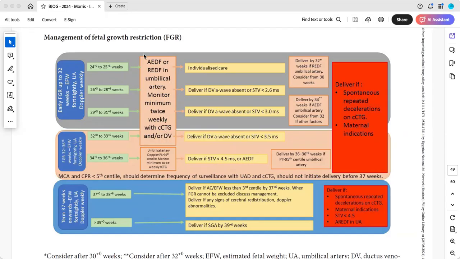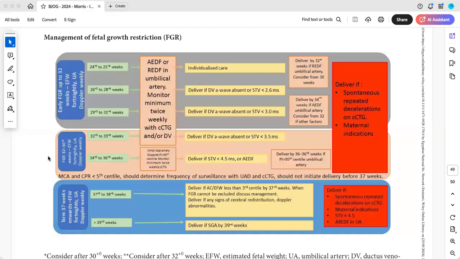And according to the values, or abnormality, if it is detected in this particular critical gestational age, I will deliver. Otherwise, my plan for the delivery will be by 34 weeks in the absent end-diastolic flow, and by 32 weeks if it's reversed end-diastolic flow.